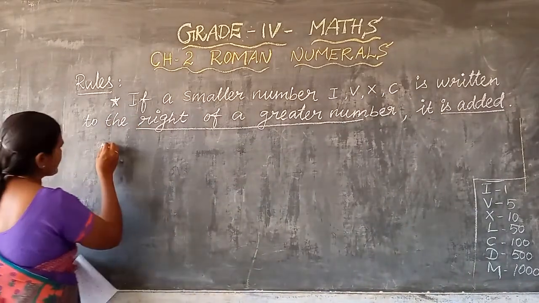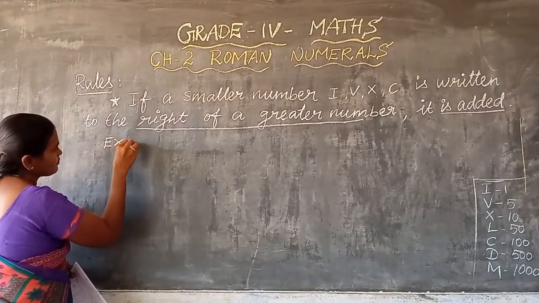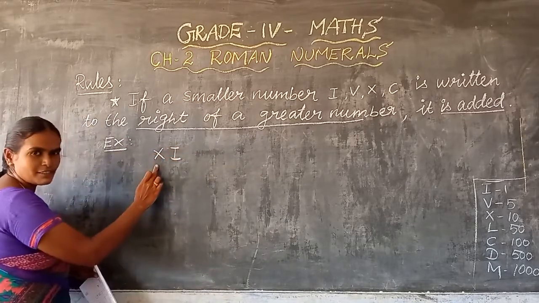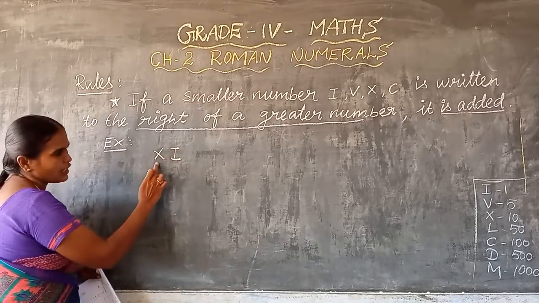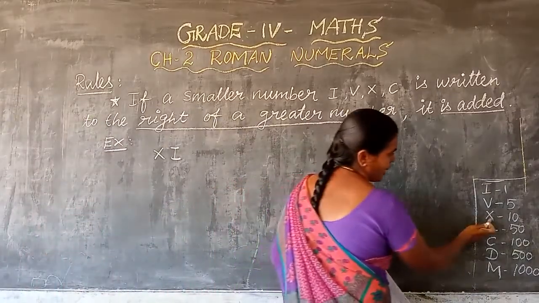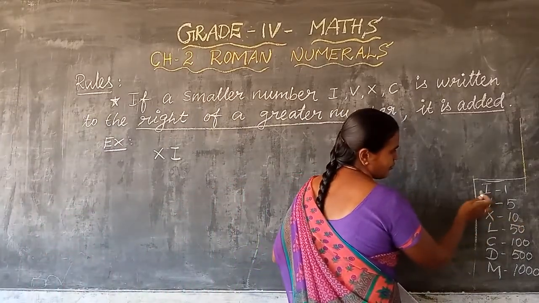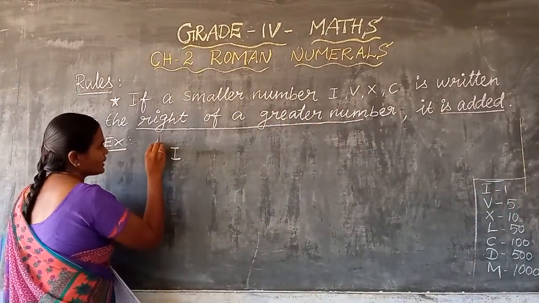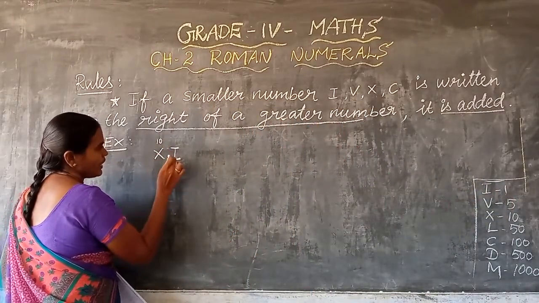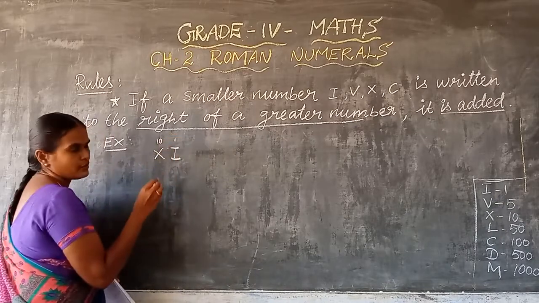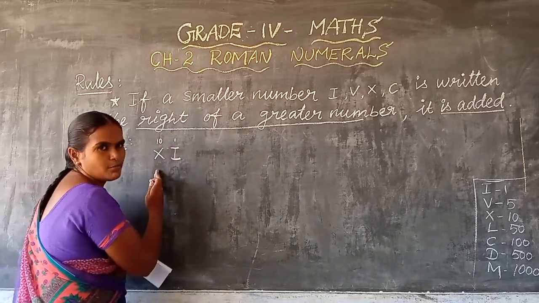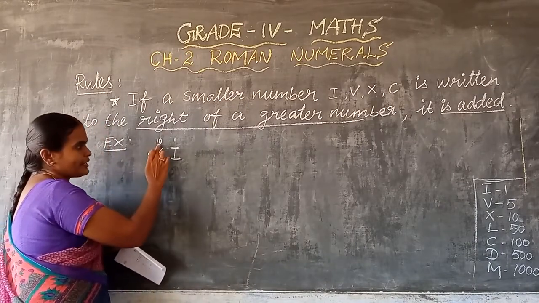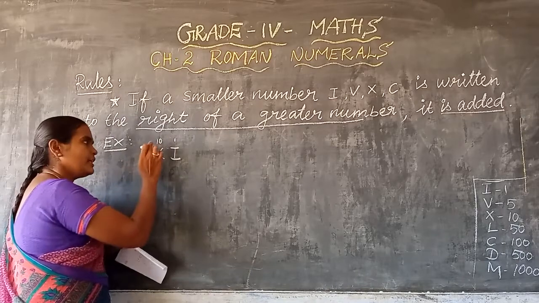Okay. So for example, XI. Look at the value of X, 10, and value of I, 1. Here which one is the greater number? X. Compare 10 and 1, which is the greater number? 10.